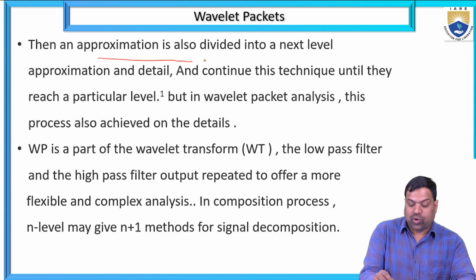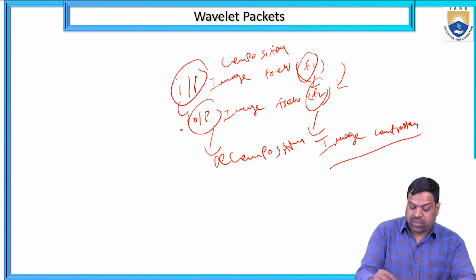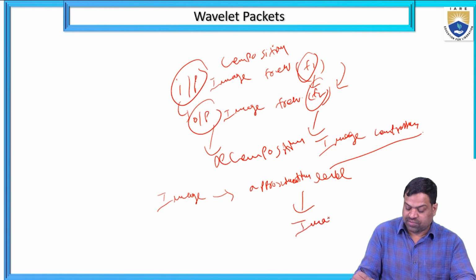When I go for the approximation, it is also divided into the next level. So for every image we go for the approximation level. The approximation level is for image compression.